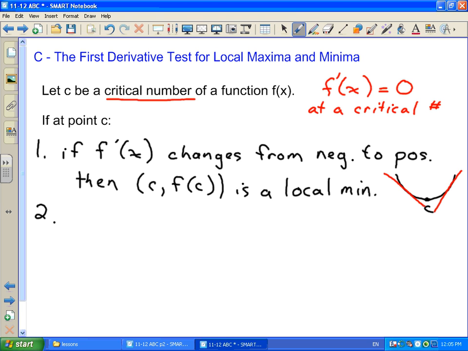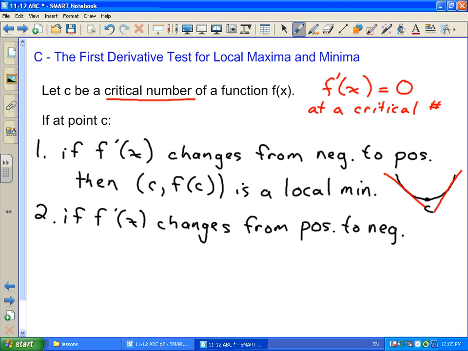So this is clearly a local minimum. Well, I think you can see what the next case is going to be. If f prime at x changes from positive to negative at c, then this point is a local max.